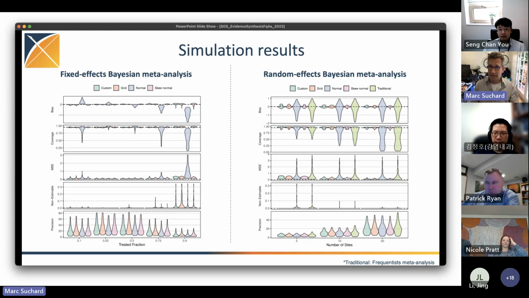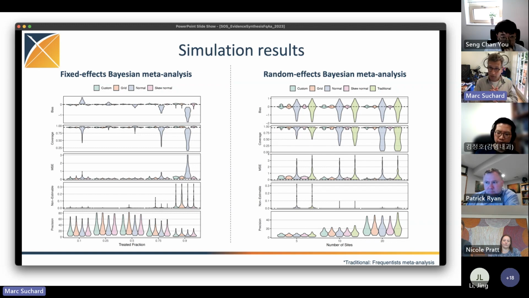a fixed effects analysis says there's one unknown effect estimate, which is the best effect estimate in each of the data sources, and they're all equal. And you can estimate what that single effect would be, and it should be the best estimate within each data source and across.